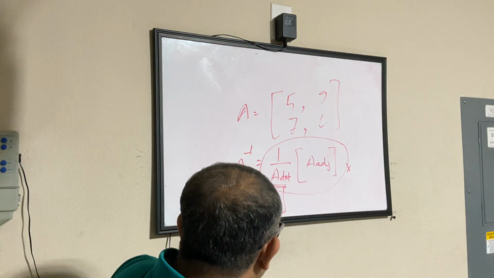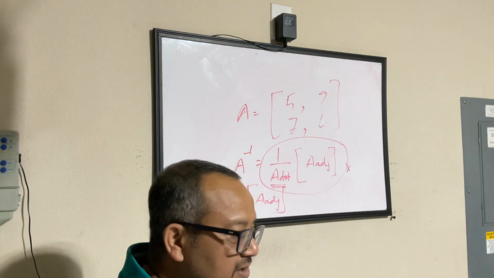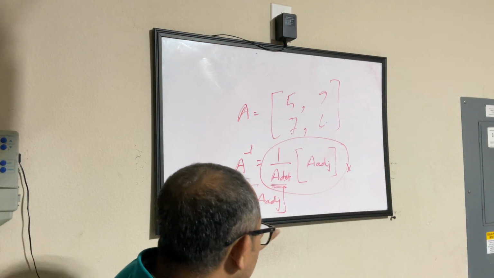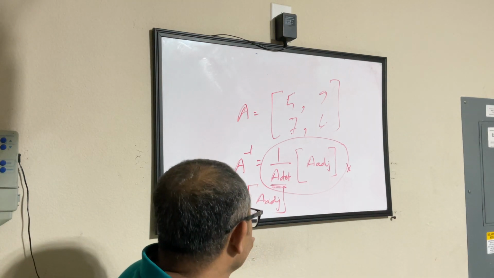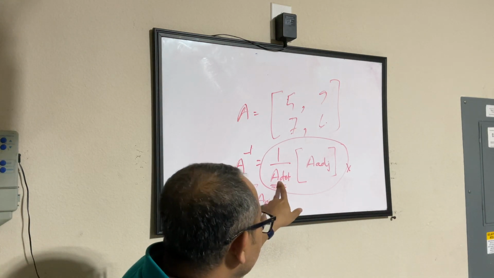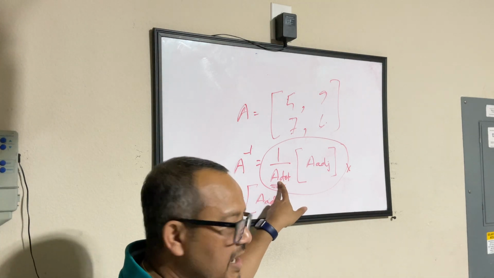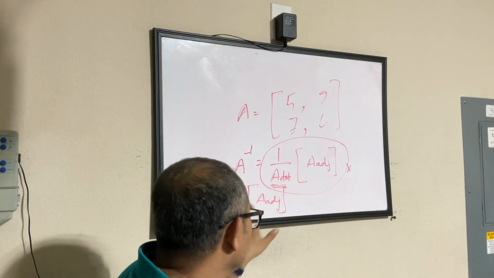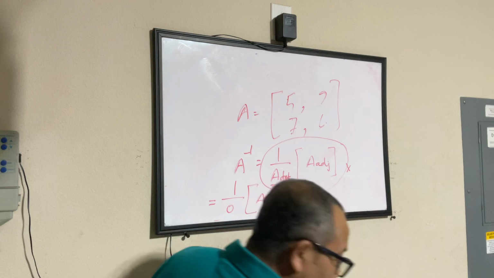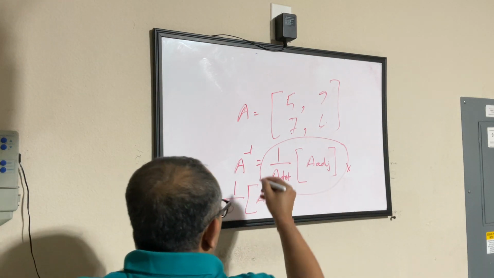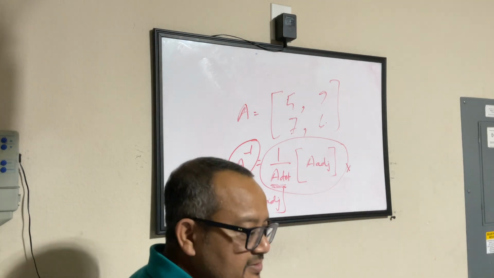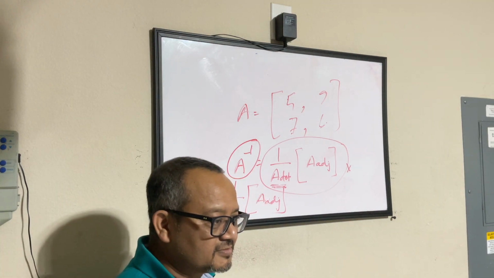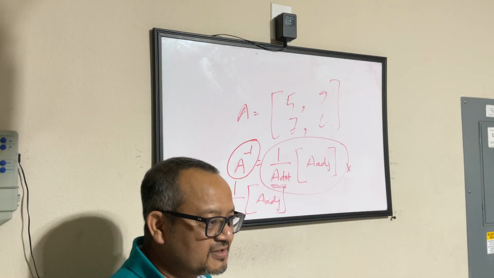Dividing 1 by 0 is undefined by itself, no matter what you are trying to multiply it with. Meaning, there is a possibility where your determinant can become 0. And whenever your determinant becomes 0, you will not be able to find out the inverse of a matrix. Does it make sense?